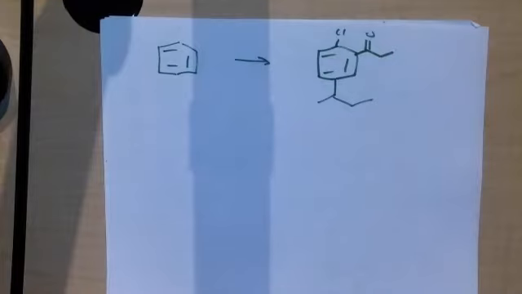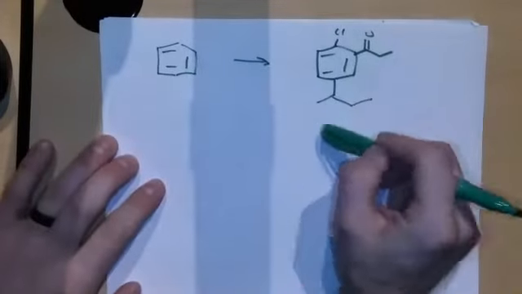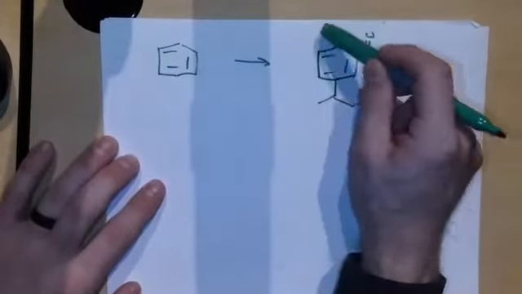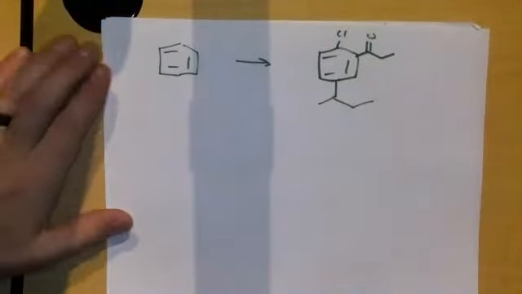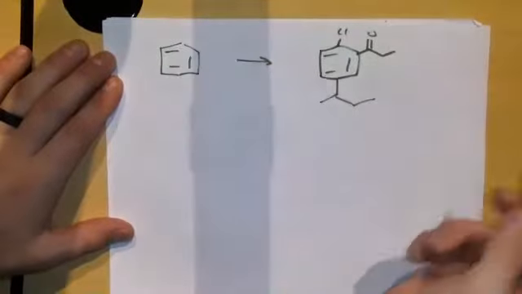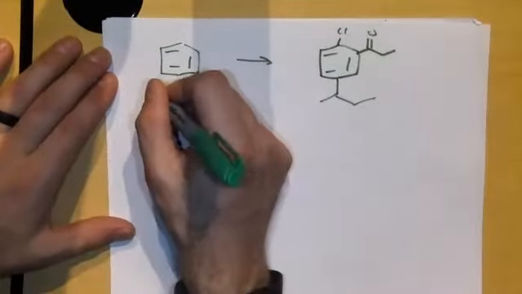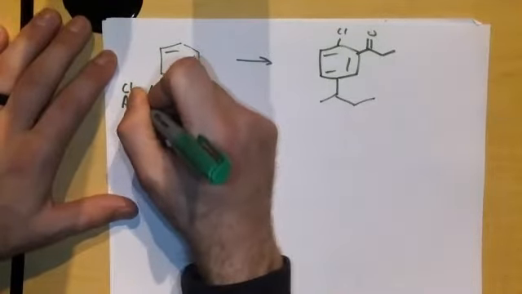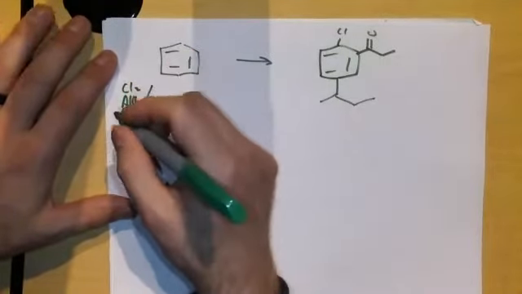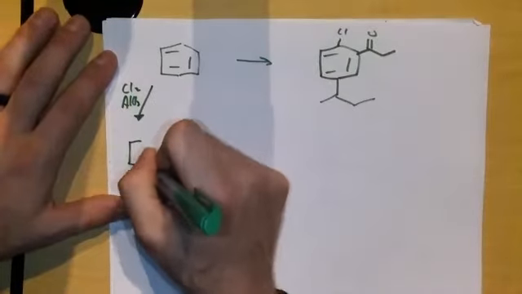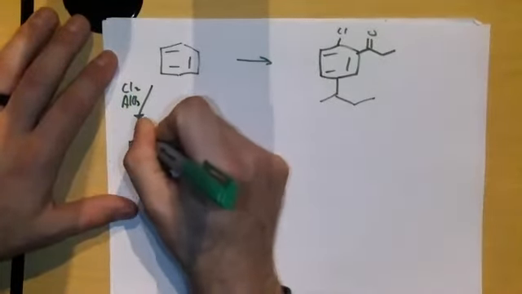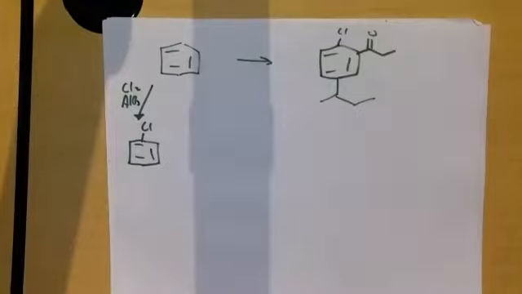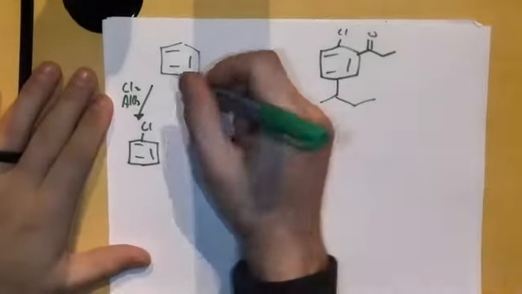So looking at this, we have an alkyl group, an acyl group, and a chlorine, which means there are three different possibilities we could do for our first step. So let's throw each of them on there. If we chlorinate, adding in Cl2, AlCl3, we can put chlorine on this position.